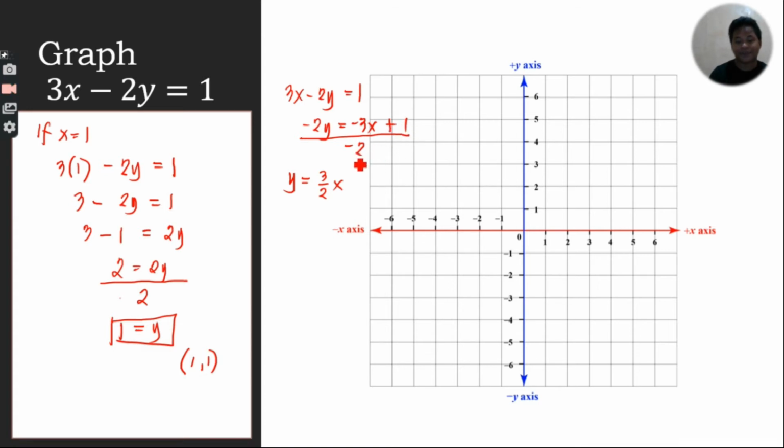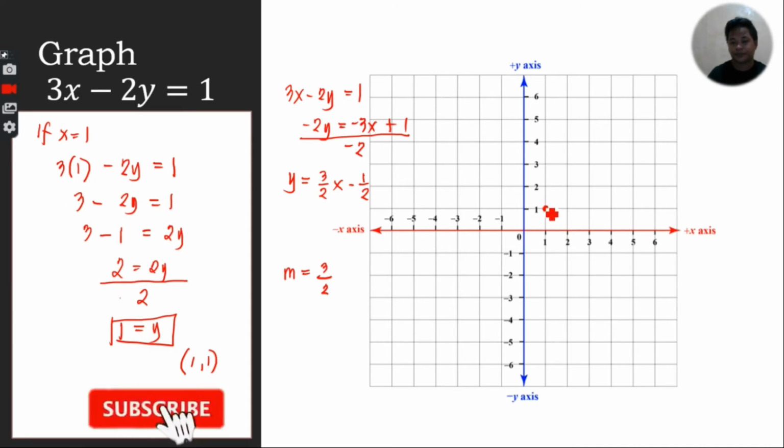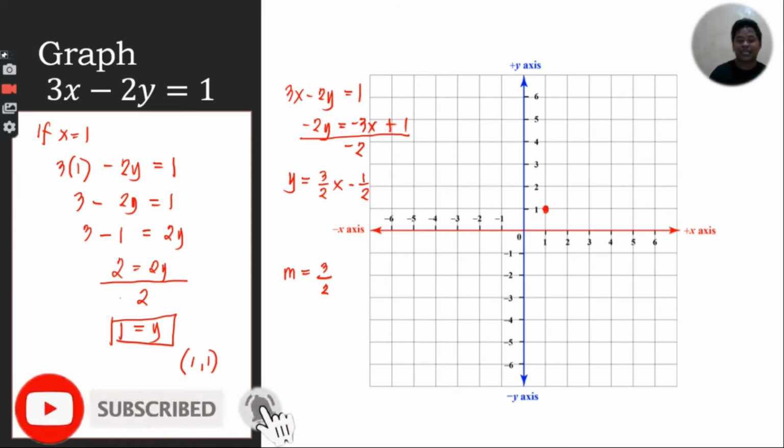Positive 1 divided by negative 2 is negative 1/2. Therefore, the slope of this line is positive 3 over 2. Meaning, the graph rises from left to right. Using the point (1, 1), let's count 3 units up.